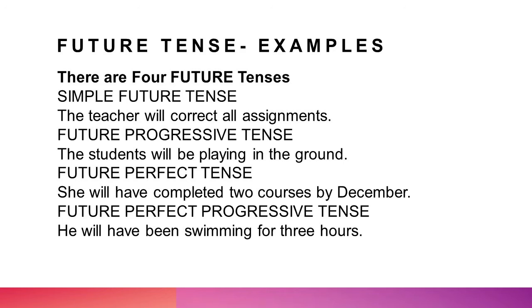Future perfect tense, she will have completed 2 courses by December. Future perfect progressive tense, he will have been swimming for 3 hours, which means that he has started swimming, he will be swimming for some time, and he will be completing it at 3 hours at a certain point of time, all in the future.